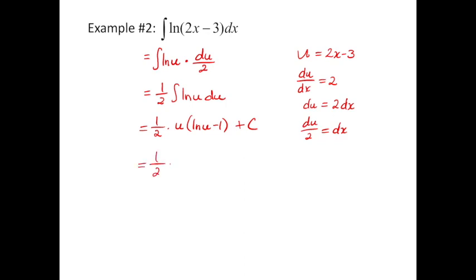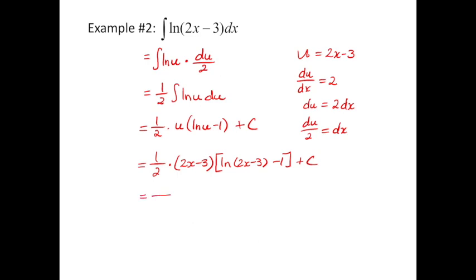So we'll have 1/2 times, in brackets, because u now is multiple terms, 2x minus 3. And then I'm going to use square brackets for this, just to distinguish, ln of, again, u, which is 2x minus 3, minus 1, plus c.